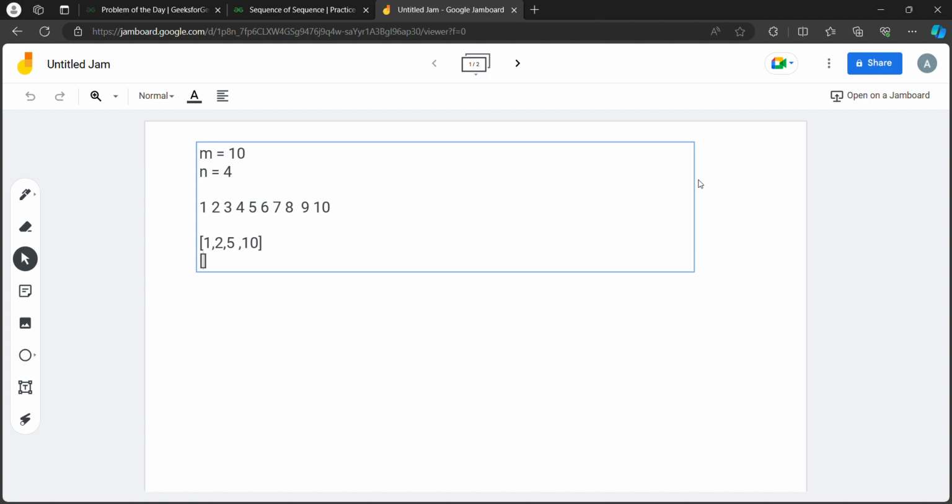If we consider 4 as the last element, then first we need to check 4 into 2, that is 8, and 8 is also less than or equal to 10. This means it follows the condition, so 4 is acceptable here. Then 4 by 2 is 2 and 2 by 2 is 1.